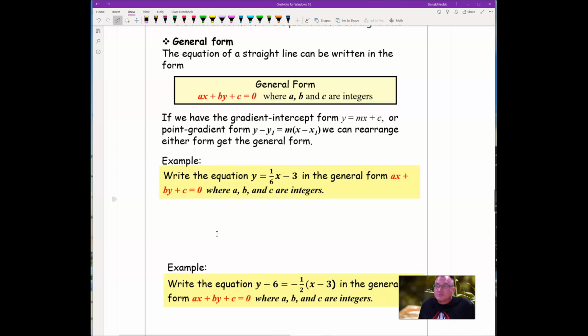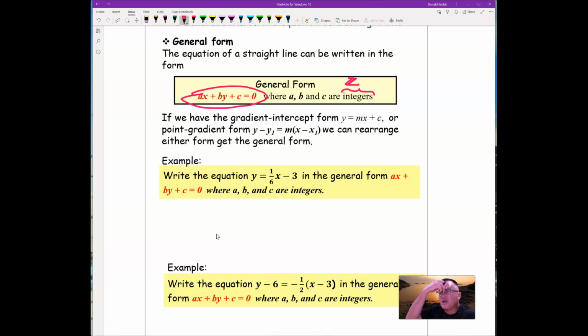Okay, so if your question has a fraction in it and you're converting it to general form, you just got to get rid of the fraction. All right, so here's our general form. We've already talked about that, where a, b, and c are integers. Now, the word integers sometimes is a fancy looking Z, and that stands for the word integers, if you ever see that.